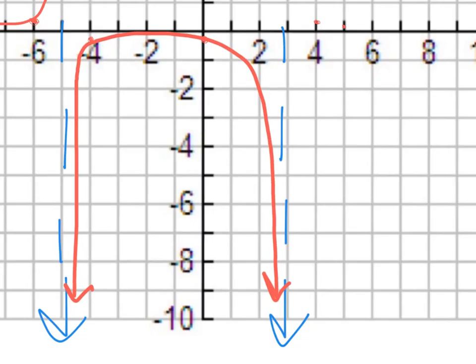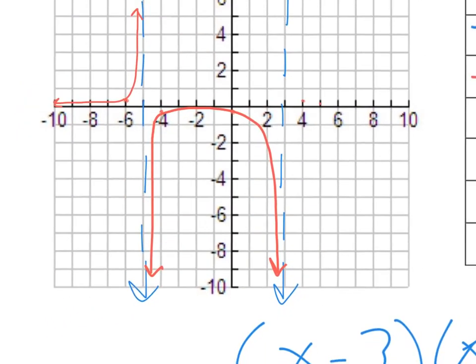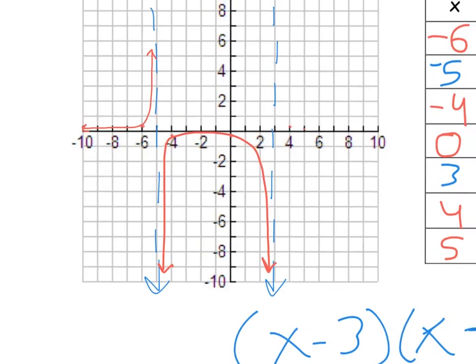So I intersected my 2 points at -4 and at 0, and so I follow the asymptote, and then I stay under my x-axis, and then I come back down and follow the asymptote again. So this one's not like a perfect U shape, but it's going to work every time.